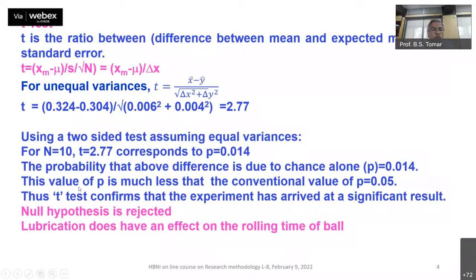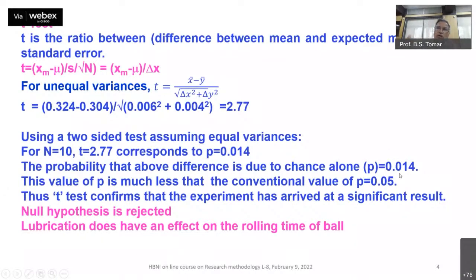Conventionally, at alpha value 0.05, at 95% confidence, if your p value is less than 0.05, you say that the difference is significant. So you cannot explain it by chance alone. This is a significant difference between the two values. In this particular case, we are getting the p value much less than that.